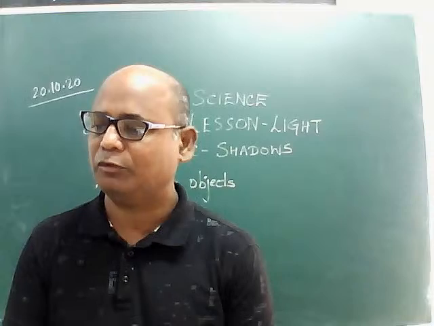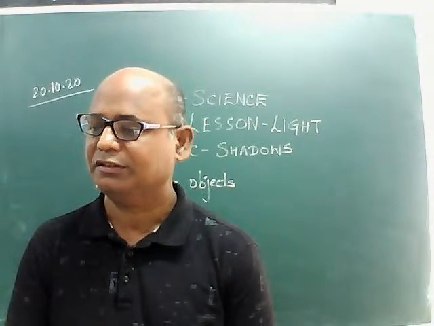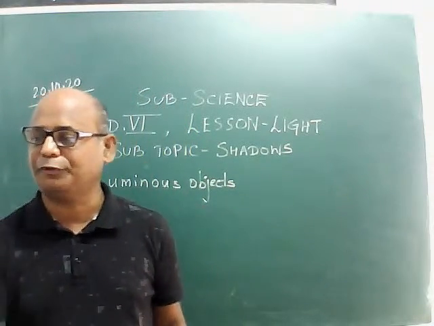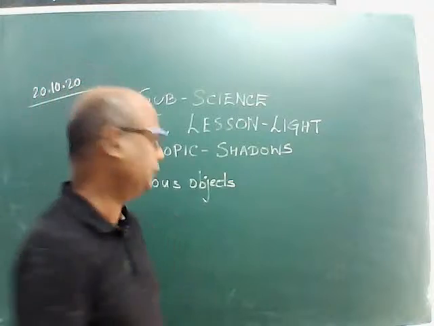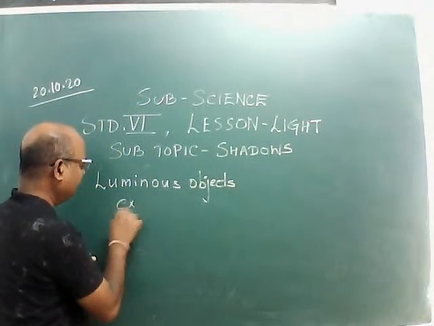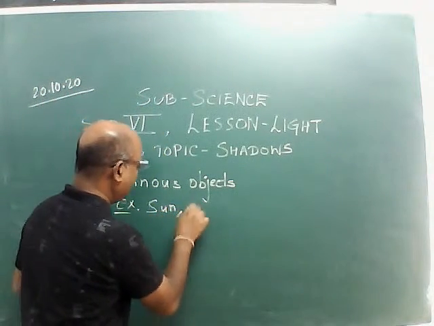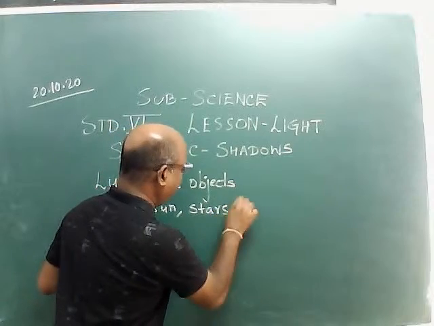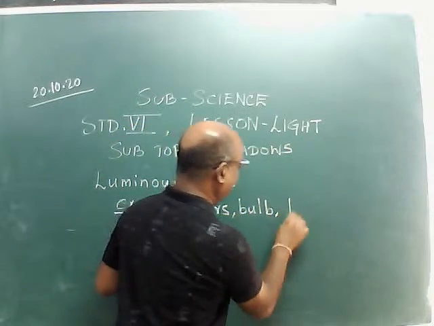Vasuki gave stars. Ishan gave tube light. Okay. Examples: sun, stars, bulb, tube light.